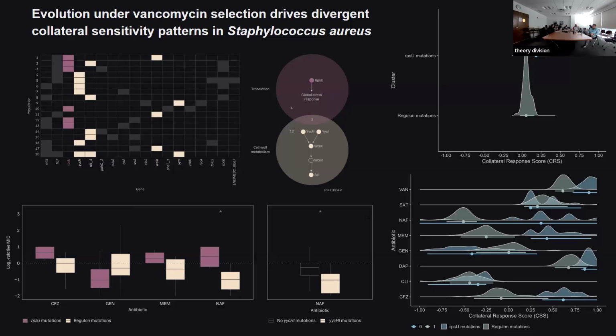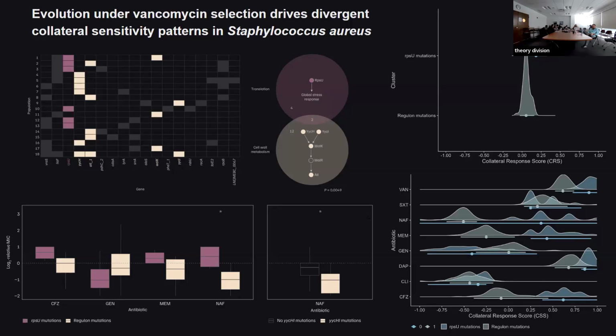And then in nafcillin, we see significant divergence of phenotypic responses to that drug. If the populations evolved in the IPSU pathway, they tend to be collaterally resistant, whereas in the other pathway, they tend to be collaterally sensitive.